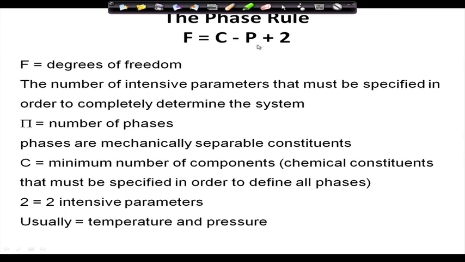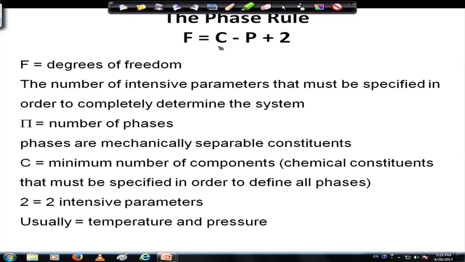The rule states that the number of intensive properties which can be specified, that is F, is equal to the number of components present minus the number of phases plus 2. This 2 usually refers to the temperature and pressure conditions.